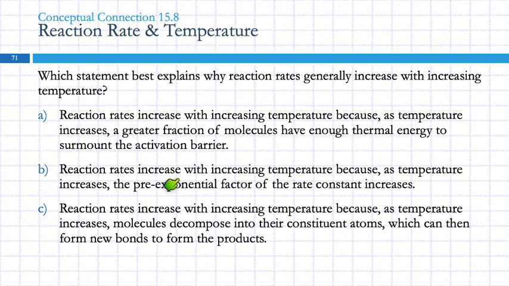So the reaction rates increase with temperature because as the temperature increases, the pre-exponential factor of the rate constant increases. What do you think? Let's just remember what the Arrhenius equation is.